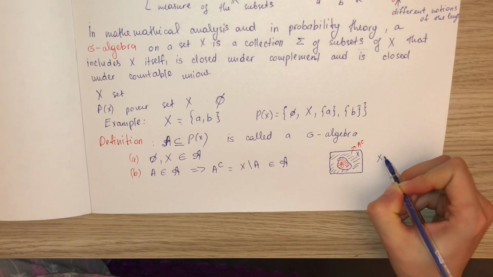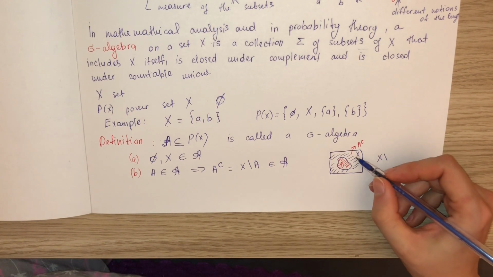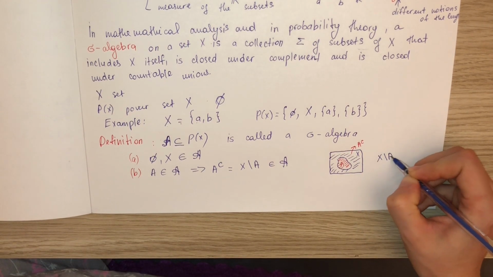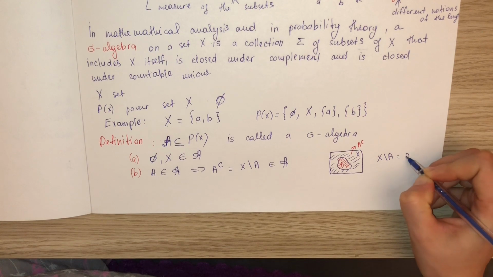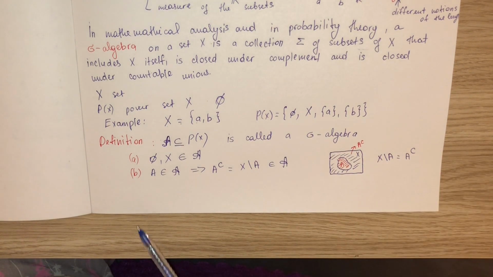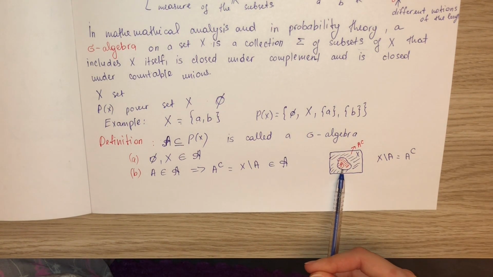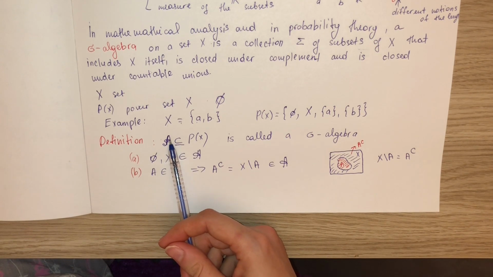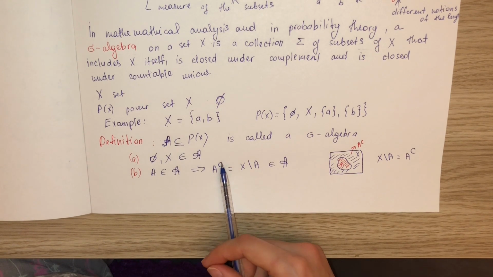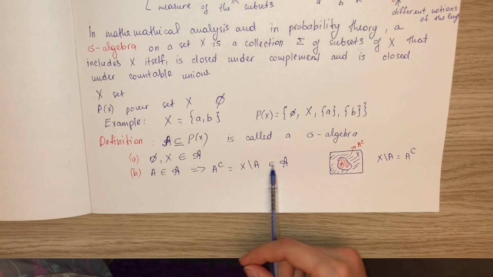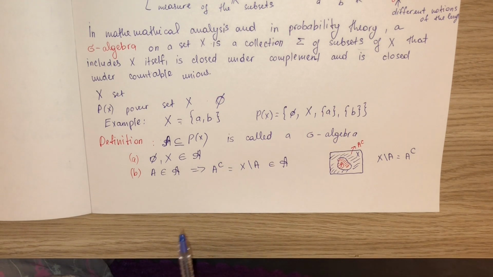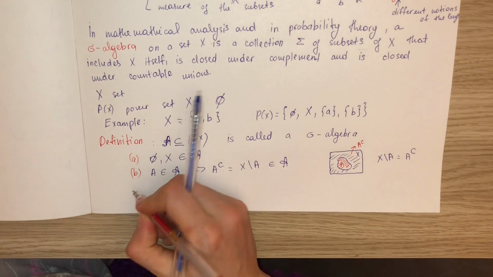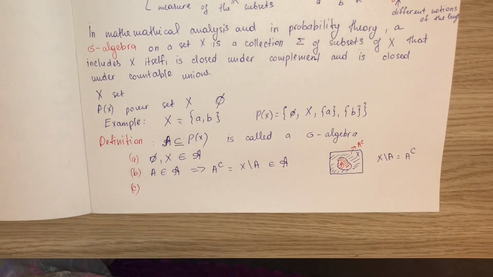If we subtract A from X, we will get a complement. So if a set A is an element of A curly, then a complement of A also should be an element of A curly.